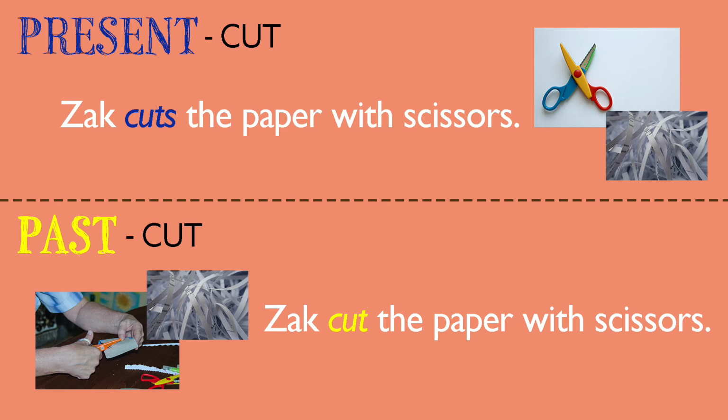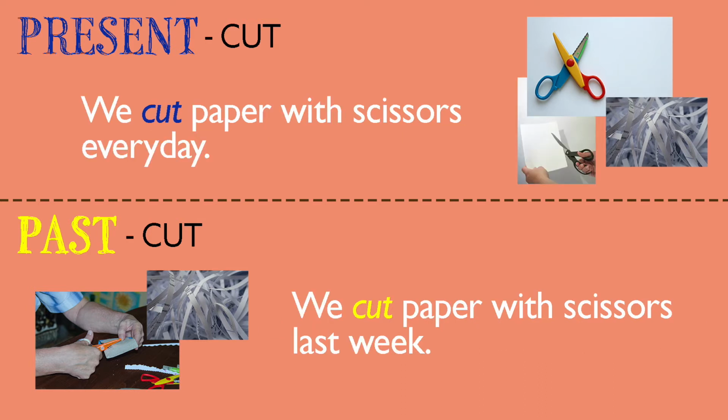Cut. Zach cuts the paper with scissors. Cut. Zach cut the paper with scissors. Cut. We cut paper with scissors every day. Cut. We cut paper with scissors last week.